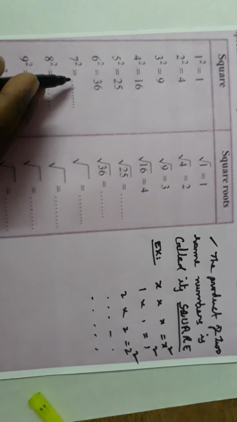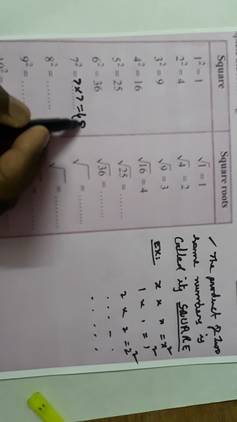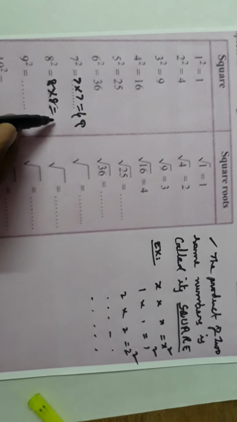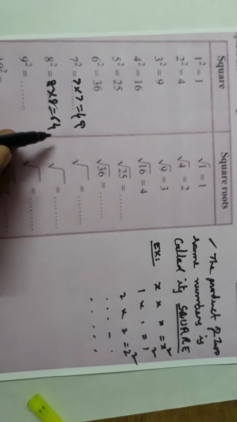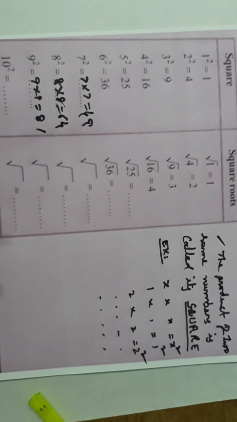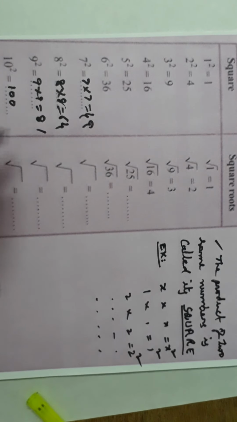Next, 7 square is equal to 7 into 7, 49. 8 square, 8 into 8, 64. 9 square, 9 into 9, 81. 10 square, 10 into 10, 100. Okay.